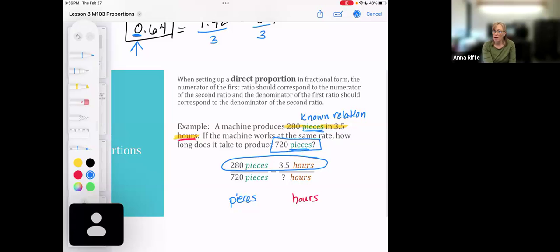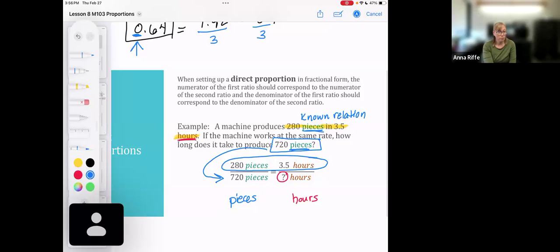The 720 pieces, we're asked, how long does it take, or how many hours does it take? That's a question mark. If 720 pieces are made, that 720 pieces will go on the pieces side of my proportion, and it'll go in the denominator because it's not a part of the known relation. If it's not a part of the known relation, it'll go in the denominator.